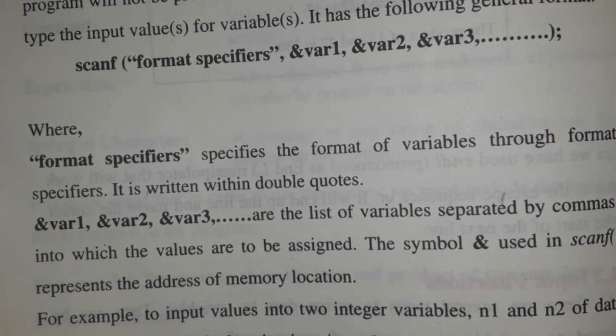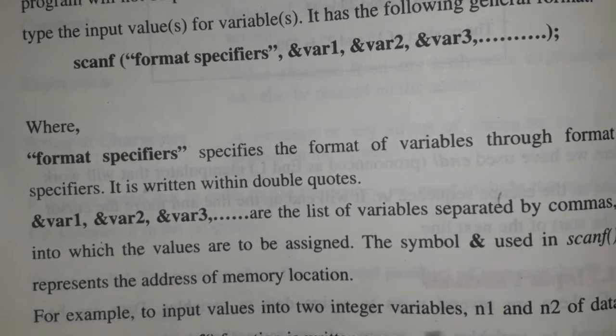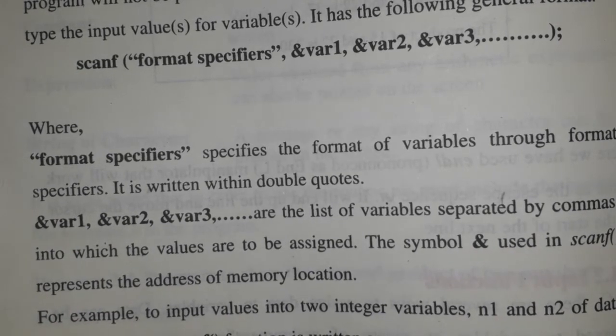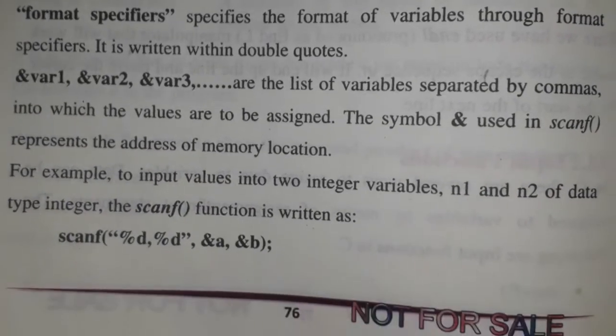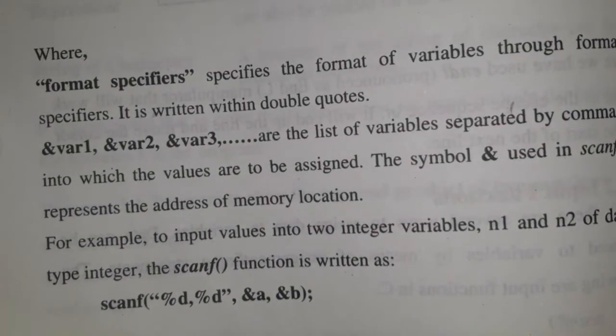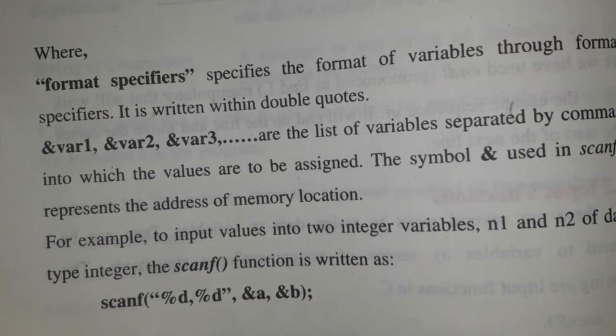In this example, the two variables a and b have data type integer, so format specifier %d is used for integer. So input value into a and b is done through the scanf function.